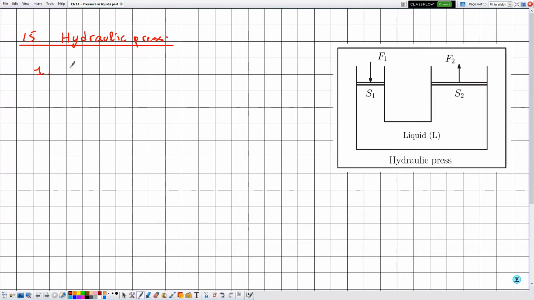The hydraulic press is a machine used to lift heavy objects.